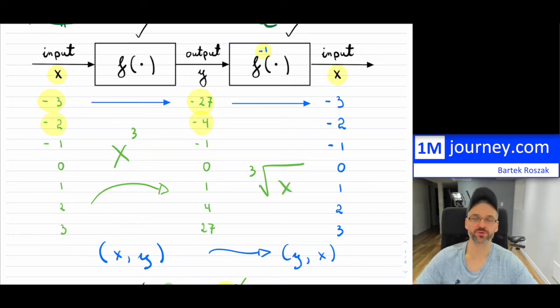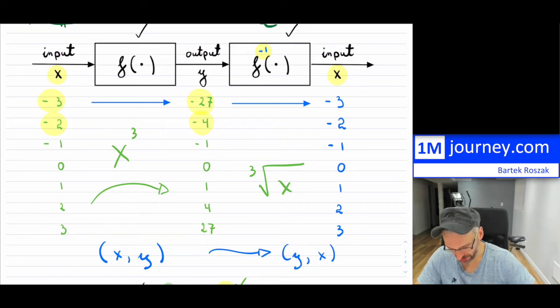Unlike the square root, in here I can have negative values underneath the radical because I am taking the 3rd root. So when it's odd, it's fine if it's negative under the radical. And that's why we have a unique function back.